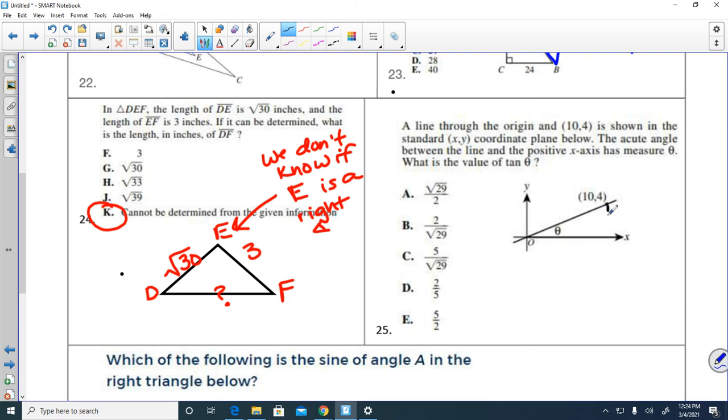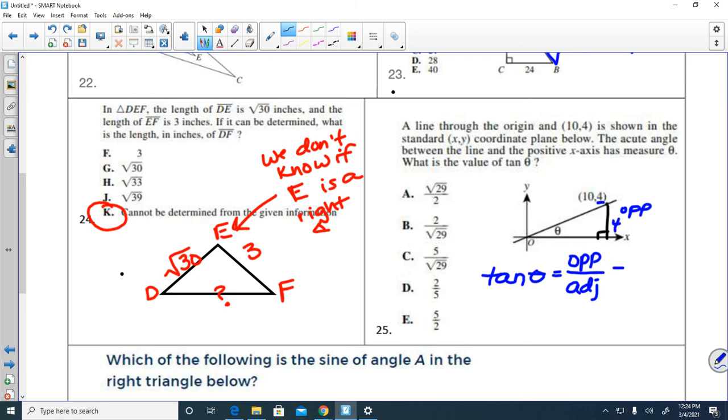I can just drop a vertical line, and whenever you drop a vertical line and a horizontal line, a right angle automatically gets formed. So I can use my trigonometry skills. They asked for the tangent of theta, which is the opposite side divided by the adjacent side. The opposite side is right here, so I need to know this measurement. From the x-axis to the point (10,4), that change is 4.